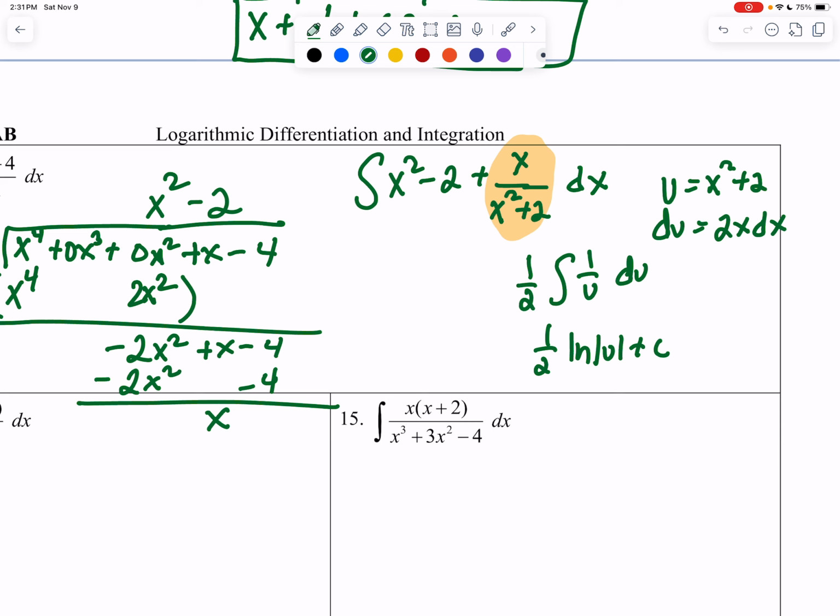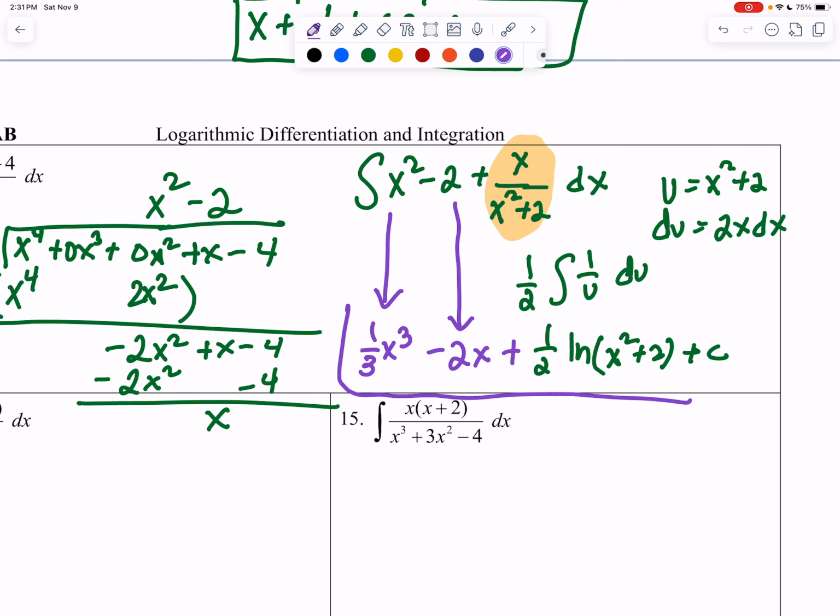Now we know that u is x squared plus 2, and once again, I'm not going to have absolute value bars just because I know that x squared plus 2 is always positive. And then don't forget to take the integral of x squared and the integral of negative 2. So this right here is my answer.